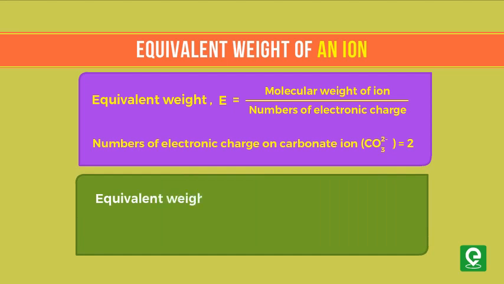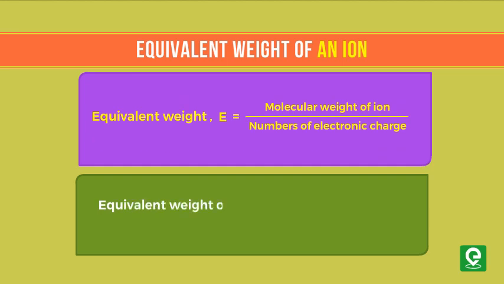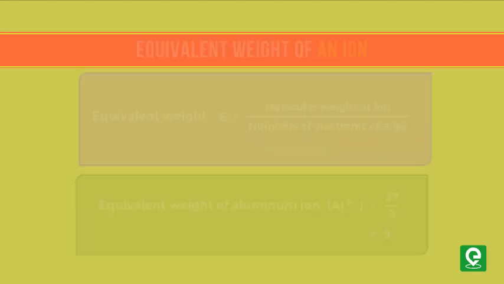Hence, the equivalent weight of carbonate ion is equal to 12 plus 3 into 16 divided by 2, that is equal to 60 by 2, which is 30. Similarly, equivalent weight of aluminium ion Al3+ is equal to 27 divided by 3, that is 9.